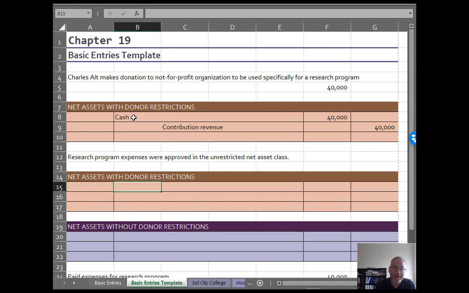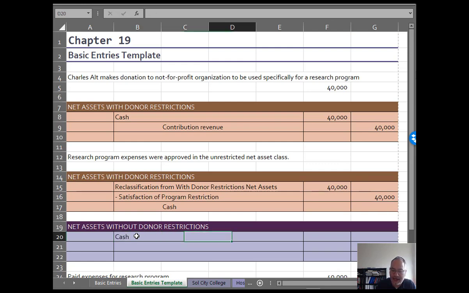So the debit is going to be, this is going to be a long one, you ready? Reclassification from with donor restriction net assets, satisfaction of program restriction. And you're going to credit cash. So the cash now is going to come out of this fund and it's going to go into net assets without donor restrictions.